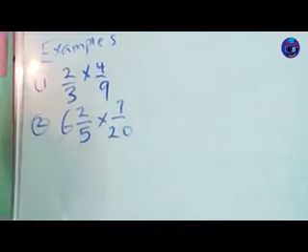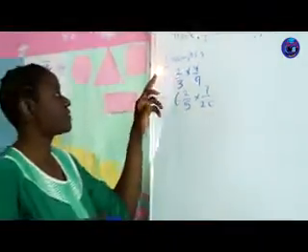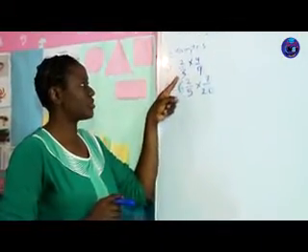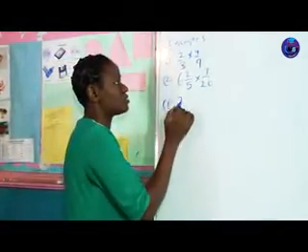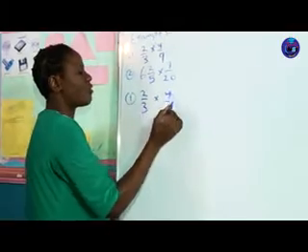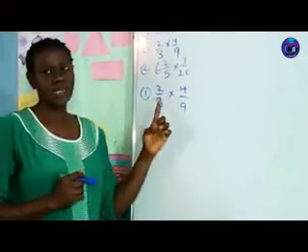Okay, we have 2 questions on the board. Multiplication of fractions by fractions. The first question is 2 over 3 times 4 over 9. Now, this is multiplication.